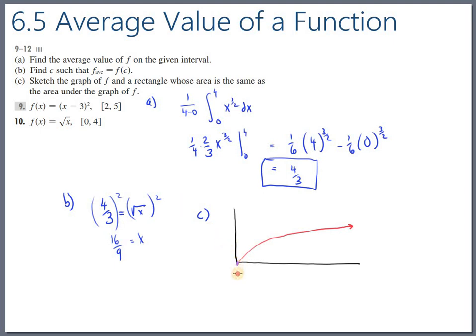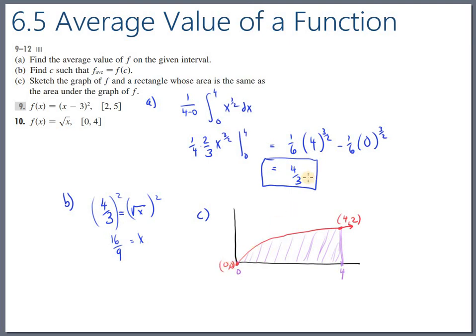So the area under the graph, we certainly got that from 0 to 4. There's the area under the graph. Let's get some points on here. When you plug 4 into the square root function, you get 2. So this is the point 4,2. This is the point 0,0 down here.